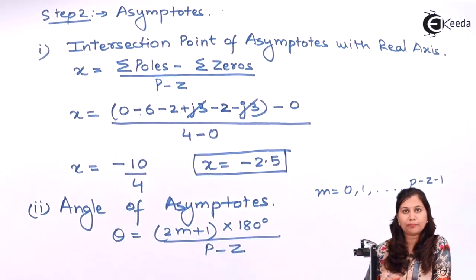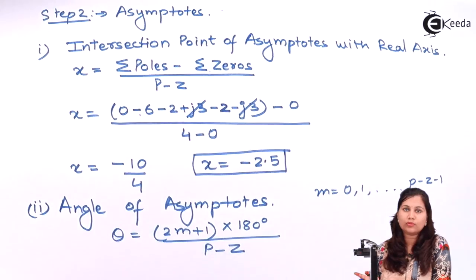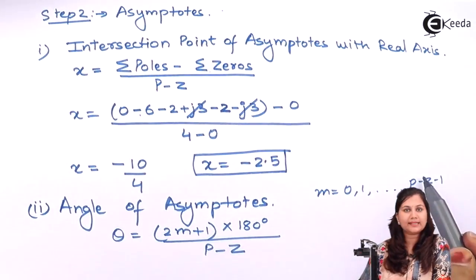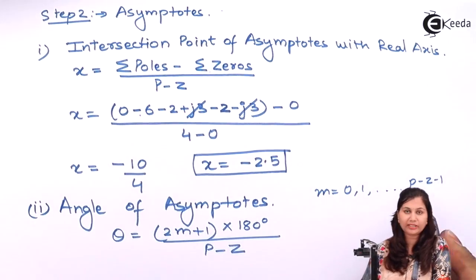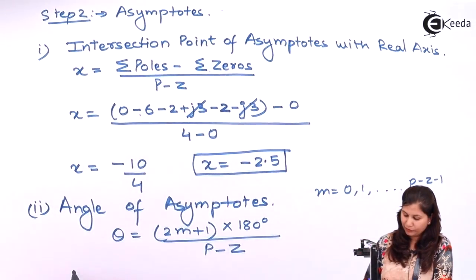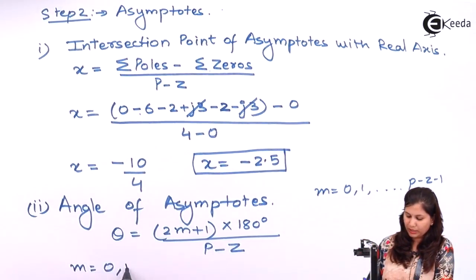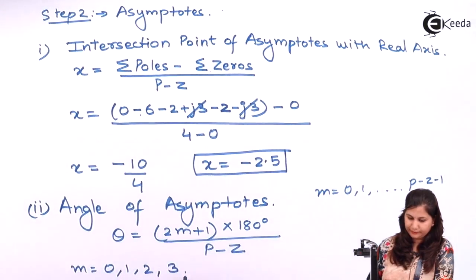We have 4 poles and no zeros, so 4 minus 0 minus 1, that is 3. That is, m will be equal to 0, 1, 2 and 3.